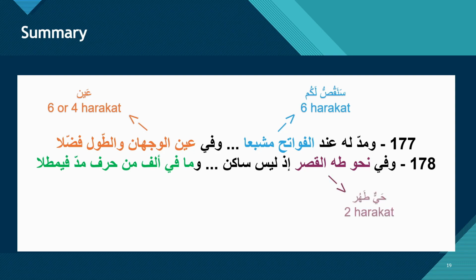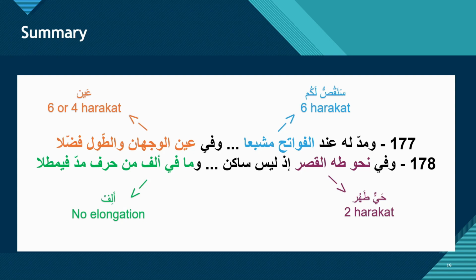So he means حي طهر: as we said, ha, ya, ta, ha, ra, there's no sakin after, so it's only 2 harakat. Then he continues: وما في ألف من حرف مد فيمطل. And in alif there's no letter of mad for you to elongate. So this is the last category, the alif, no elongation at all.